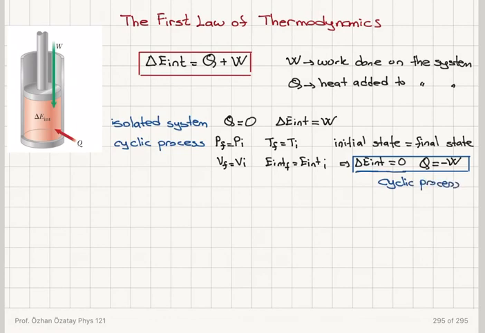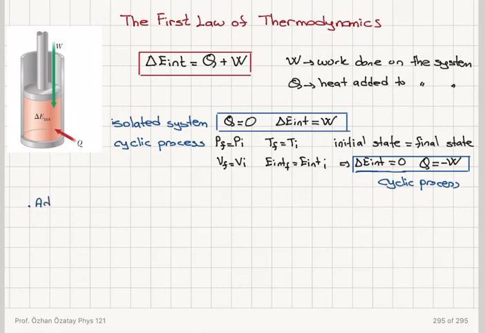And for the isolated system, we have Q is equal to 0. The change in internal energy is equal to W. Now this isolated system process is actually known as adiabatic process. So let's summarize the different ways we can have these processes.